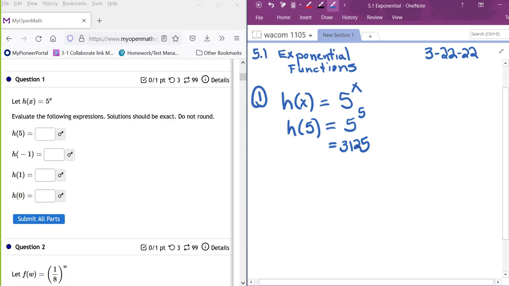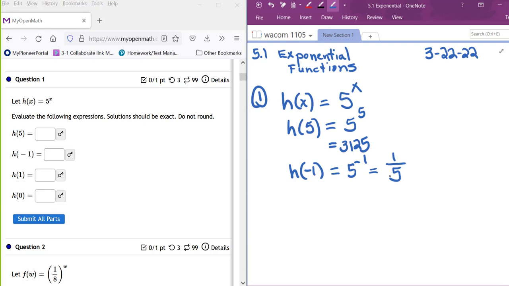And I picked a couple others just to remind you. So h of -1, you would just plug the -1 in, but I wanted to remind you what that means. It means move this to the denominator. So it's 1 over 5 to the positive 1.